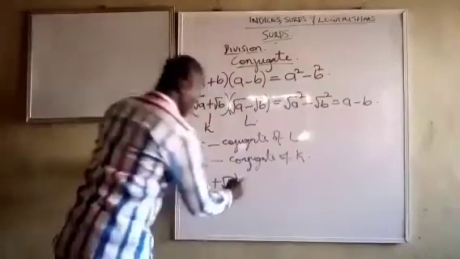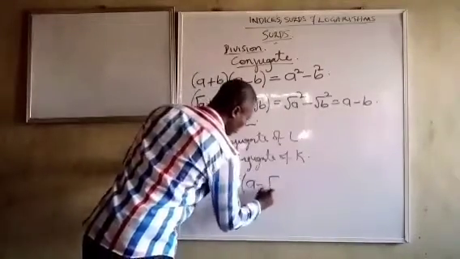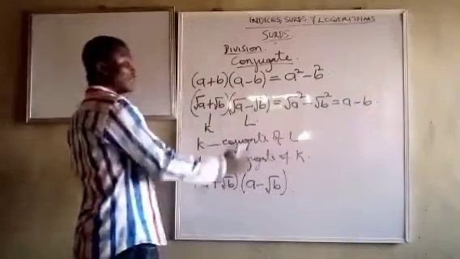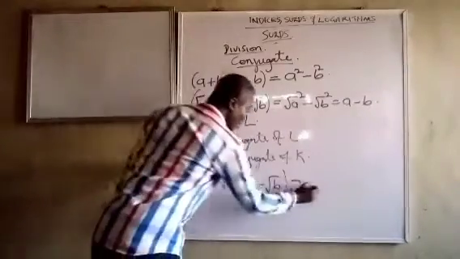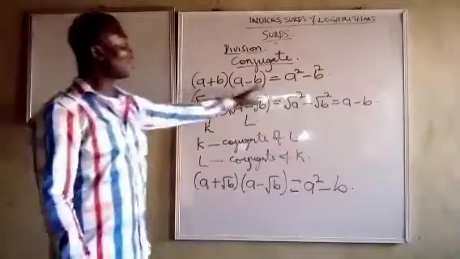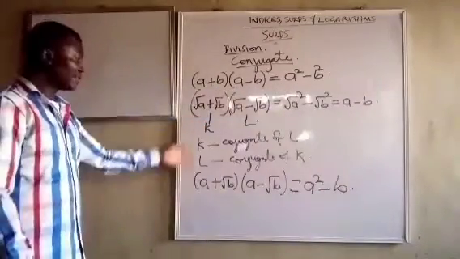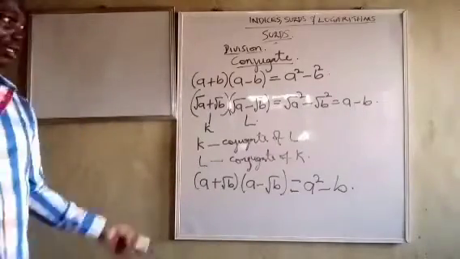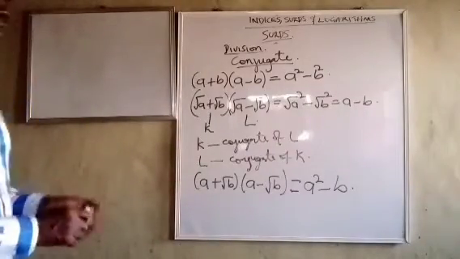Its conjugate will be a minus root b. Let's multiply it out. Since we have a difference of two squares, it's going to be a squared minus b. That's all. This is the whole thing about division when the denominator involves a real number and an irrational number.